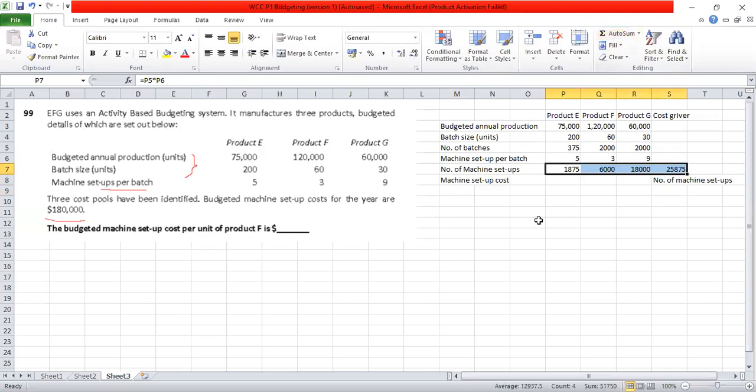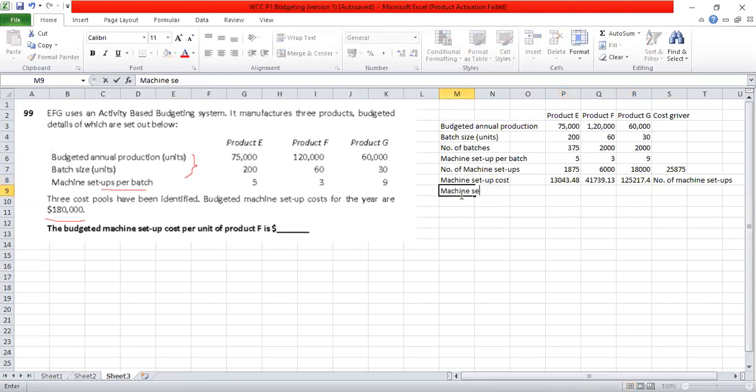The total is 25,875. Per unit, you just have to divide it by the number of units. So this is machine setup cost, divided by the number of units.